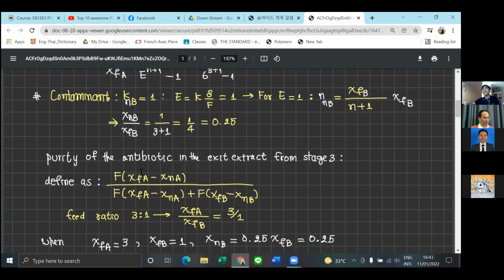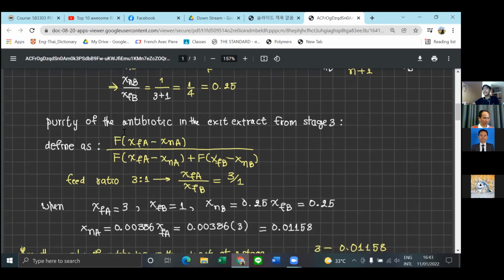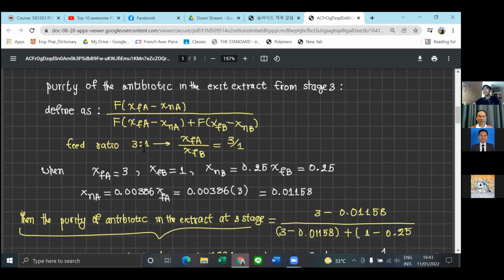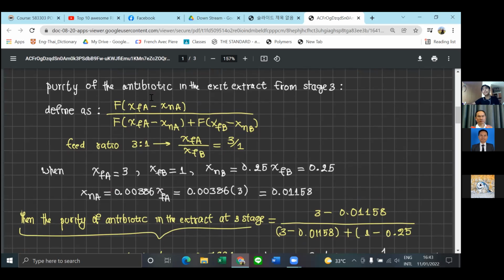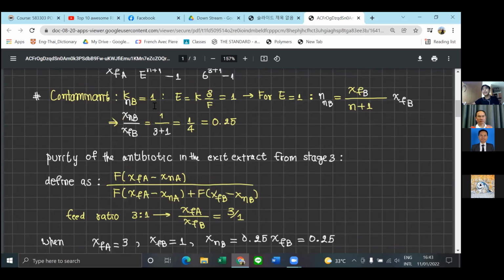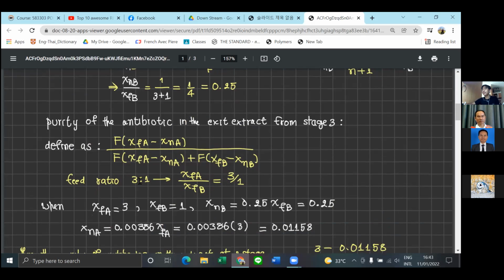0.25. So in order to calculate the purity of the antibiotic, we need to follow this rule or formula. And we know the ratio of feed. I don't know, feed as A antibiotic and contaminant is going to be one.